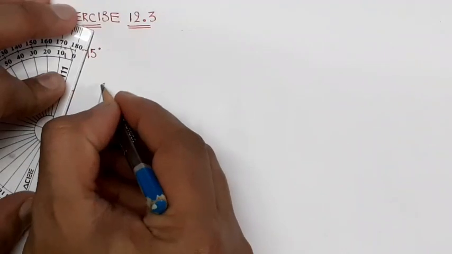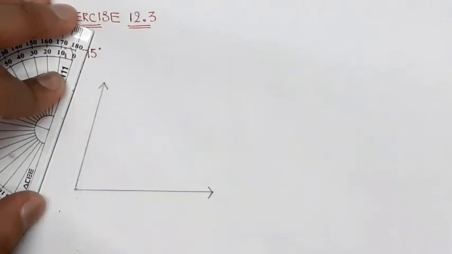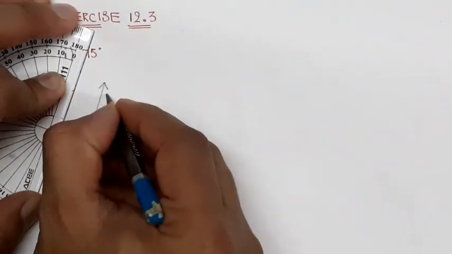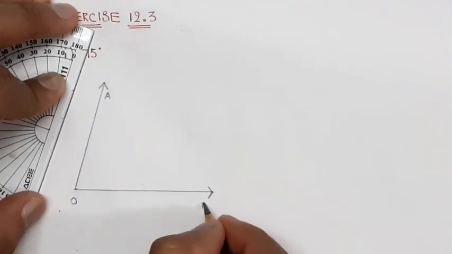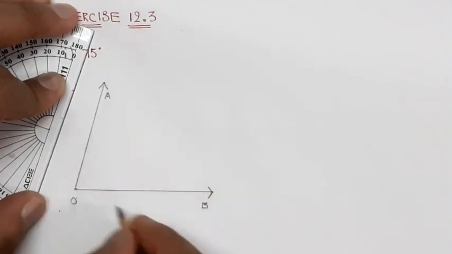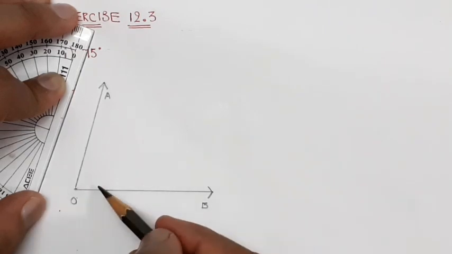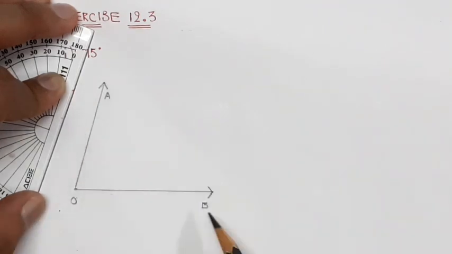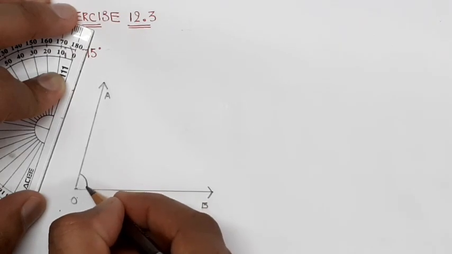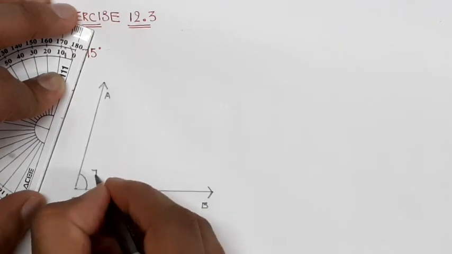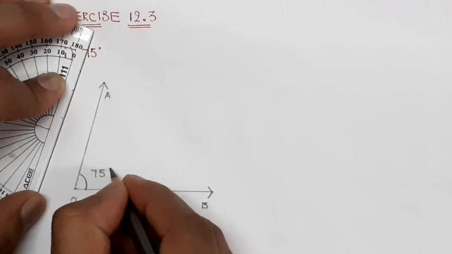Draw this one also as a ray and name it, for example, A, O, B. And these are all compulsory, children. We have to make them as rays and we have to name them. And what is the angle measure we took? It is 75 degree. So show that 75 degrees like this.